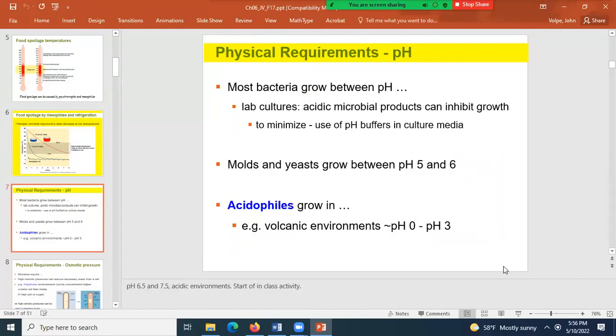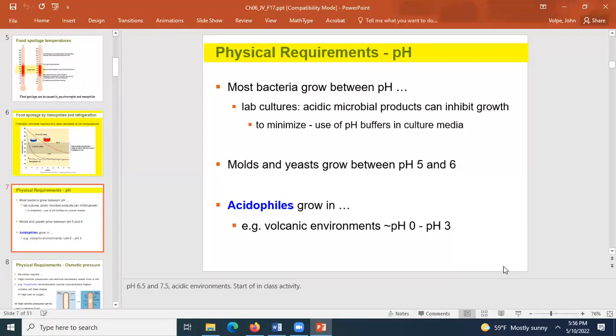All right. Let's move on to talking about physical requirements, the pH. Most bacteria grow best between pH 6.5 and 7.5. Most of your lab cultures will grow best at that pH, and away from that pH, they will grow slower, if at all.